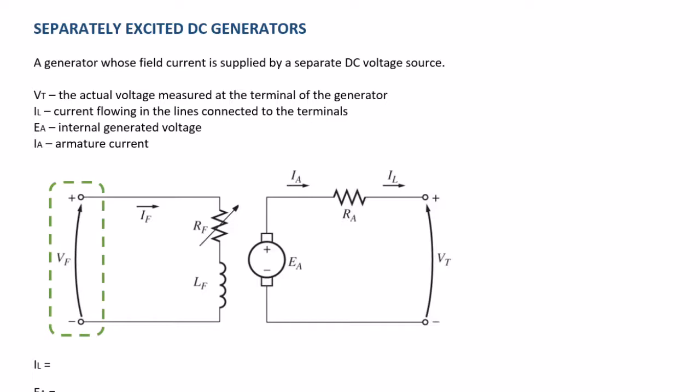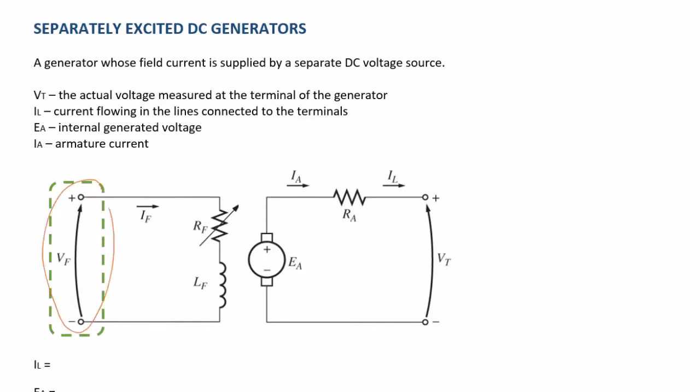With other types of DC generator, all of them will have their field current supplied internally. So they are not using any separate DC voltage source or DC voltage supply. But for this type of DC generator, we do have a separate DC voltage source, which is shown here.